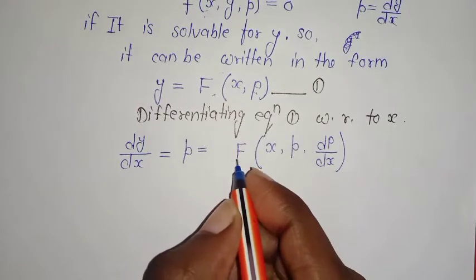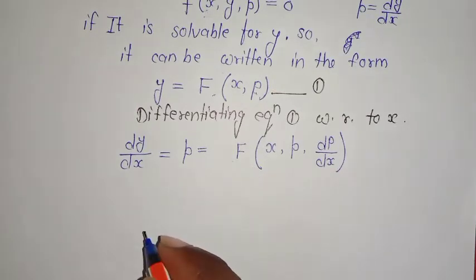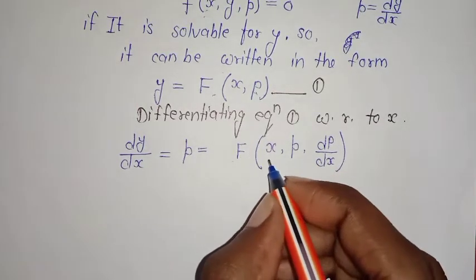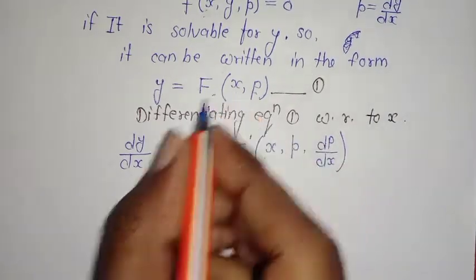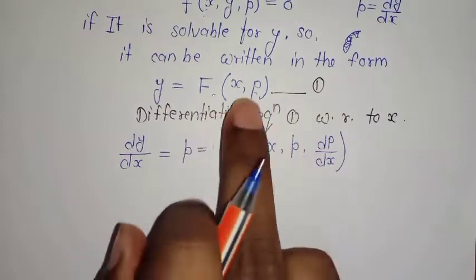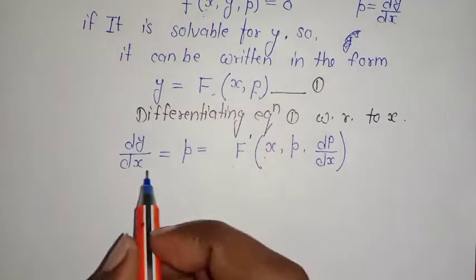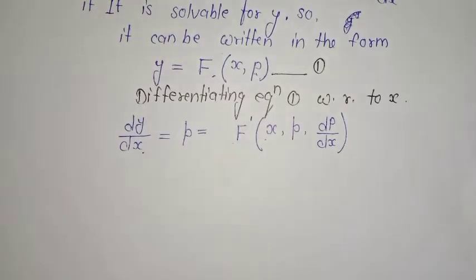So here we are again getting a new function, which is a function of x, p and dp by dx. Since we have taken the derivative of this function with respect to x, we get this type of differential equation. Now we will solve it.